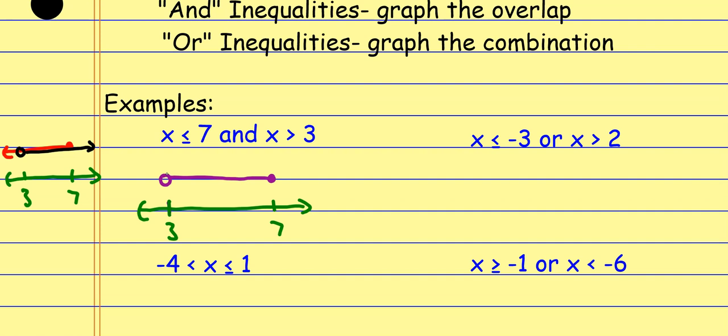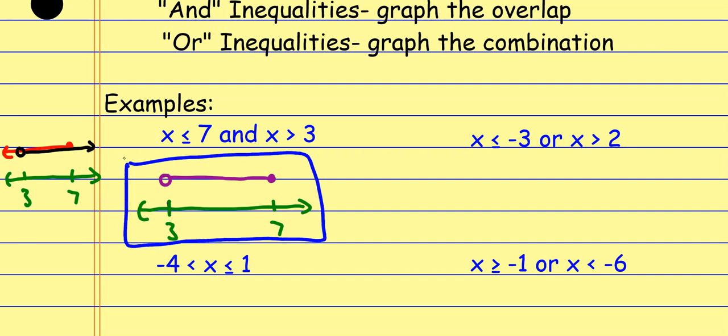But if I did something like a 2, 2 is less than or equal to 7, but it's not greater than 3, so it only meets one of those conditions. It only works for one inequality. So when I look at the shading in between, those are all the values that work for both inequalities. And that's it. This is what our graph is going to look like.